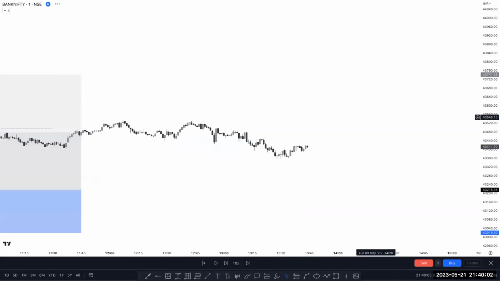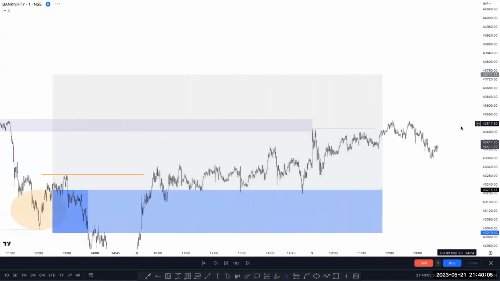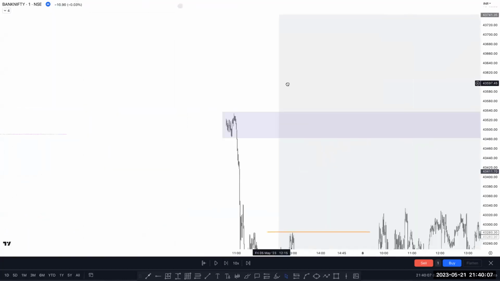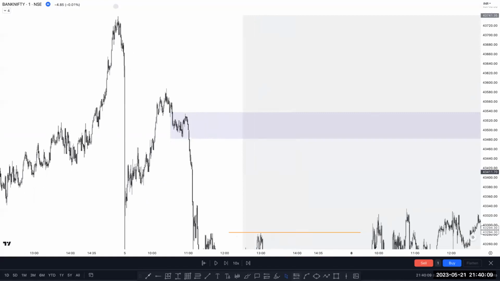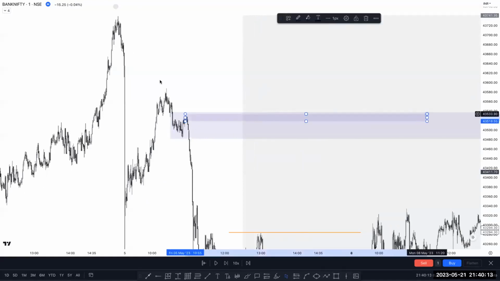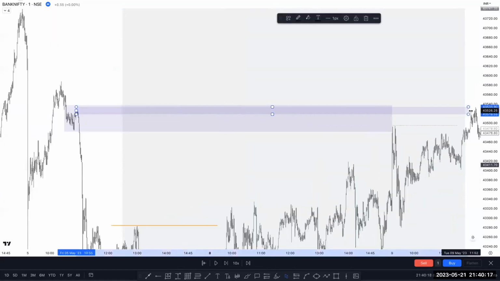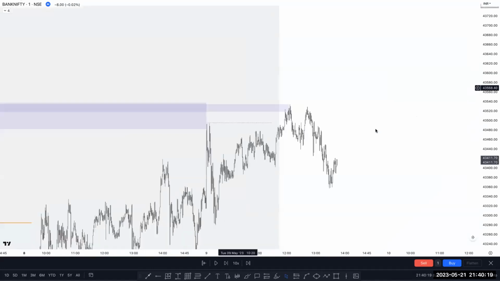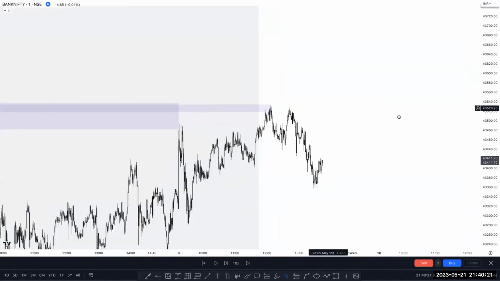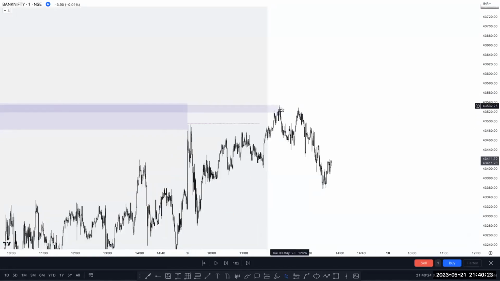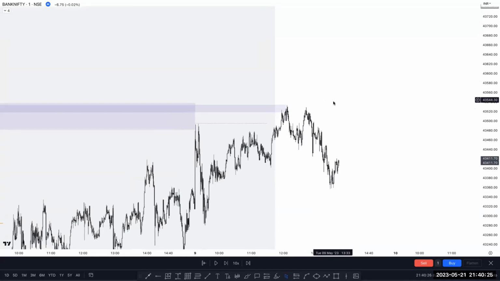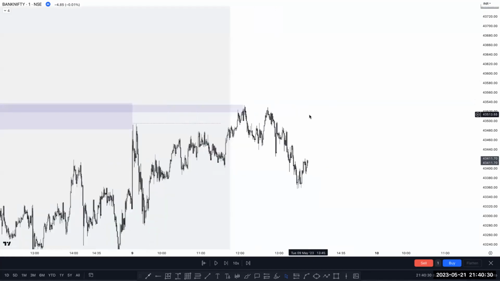Now you have to check here in a 1 minute time frame whether the refinement order block is mitigated here or not, because this is extreme here. Yes, sir. Absolutely tapped here. And when price taps here on your refinement order block, you can take entry here for the sell.